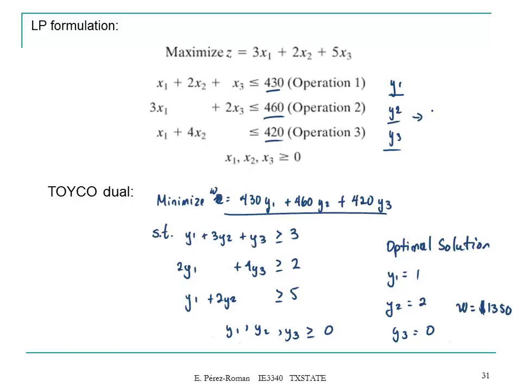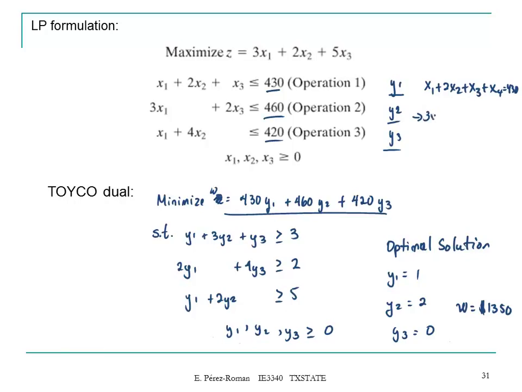Let me see if I can construct this really quick. So x1 at the end is going to be the same answer, 2x2 plus x3 plus x4. I guess you don't need that one. Equals 430.